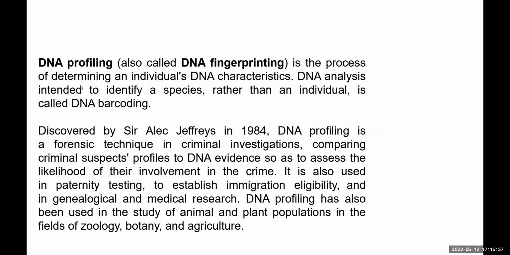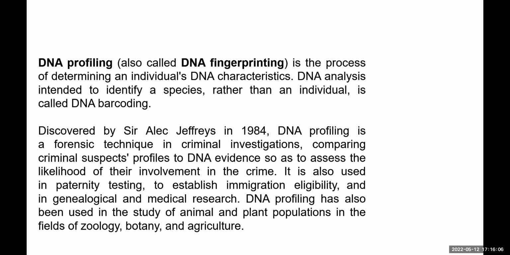Right. So DNA profiling is also called DNA fingerprinting. It's the process of determining an individual's DNA characteristics. DNA analysis intended to identify a species rather than an individual is called DNA barcoding. So let's say there is blood that is mixed with something, and there are many species, say a house where there are pets, and one has to identify whether it's human or pet.